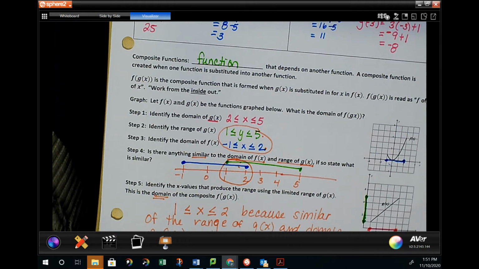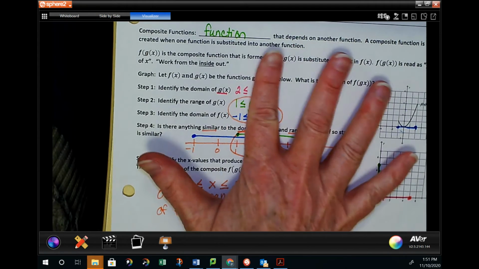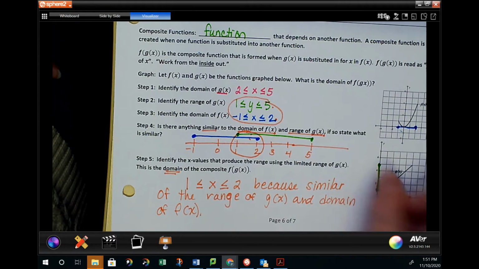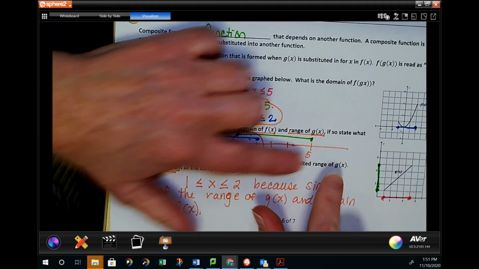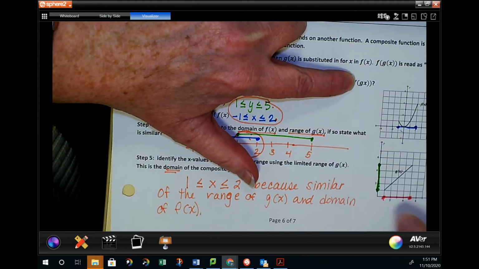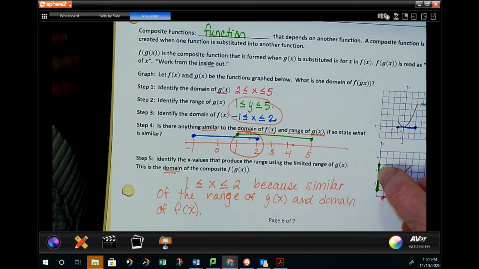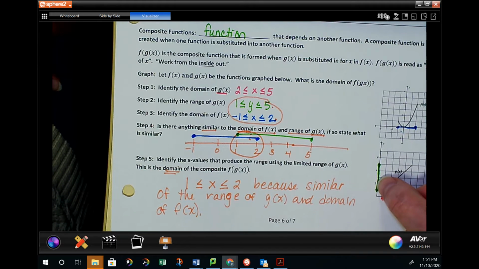And then we're going to go over how come that actually really works. So this is the composite. If you're working from your inside out, we look at our g of x. I had to find my domain, and then I spit out my range. Well, that's now going to be the x value of function f.